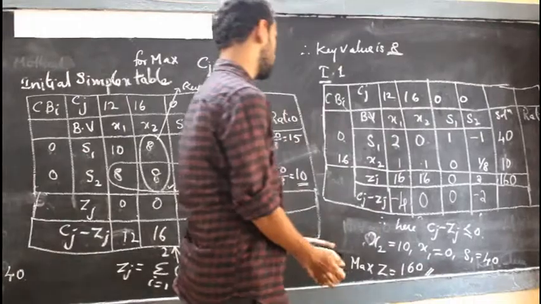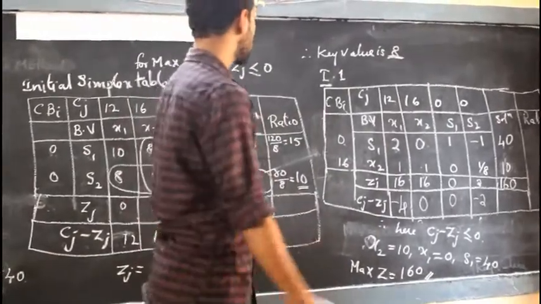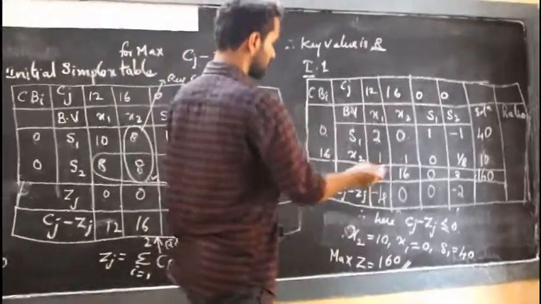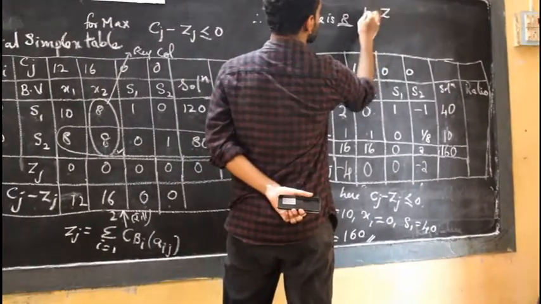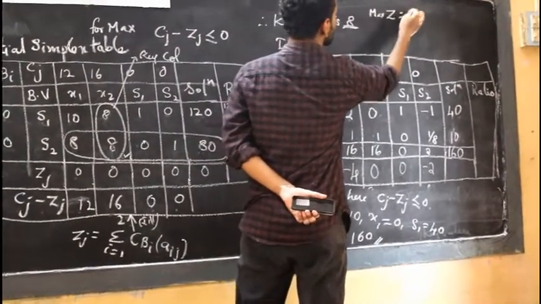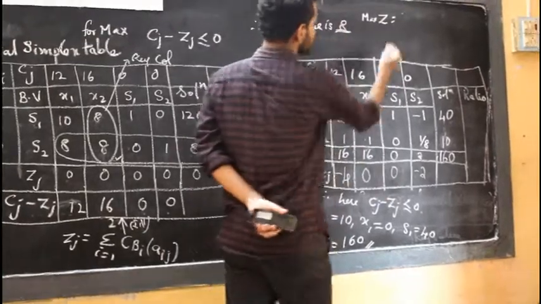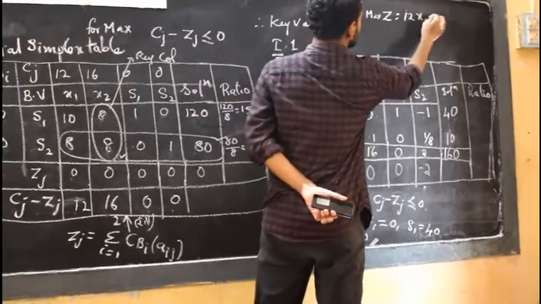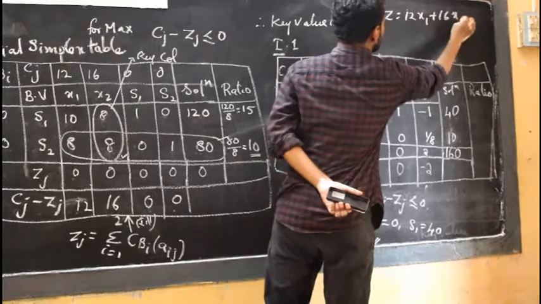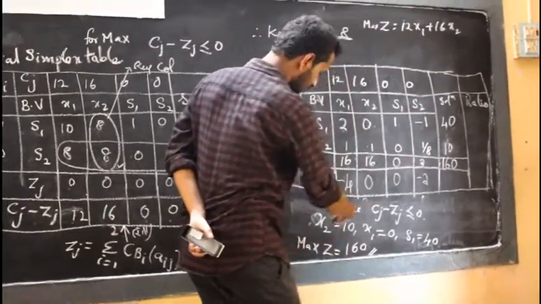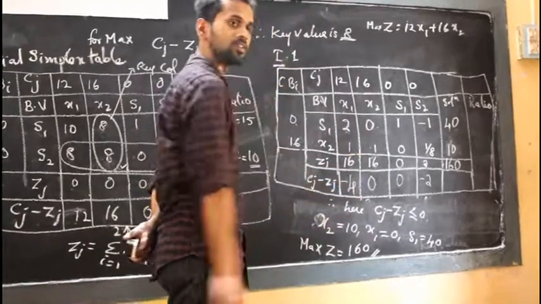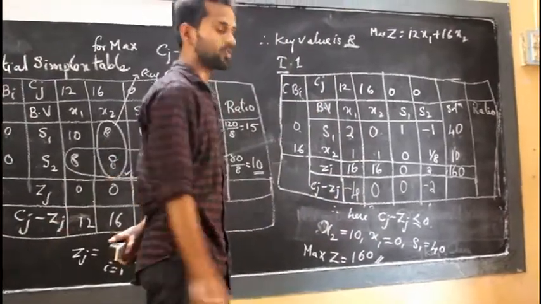So how to check whether my solution is correct or not? Now go back to your objective function. What is my objective function? I can do the verification in this particular way. The objective function, Z maximum, Z equal to 12 x1 plus 16 x2. Get that? The solution I got here is 160. When I substitute back my x1 and x2 values, I need to get back my 160.